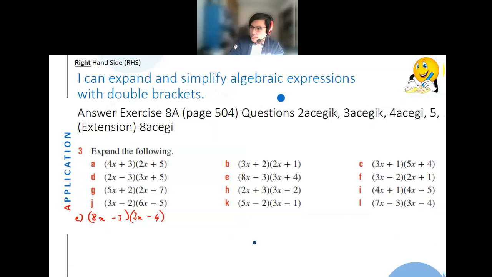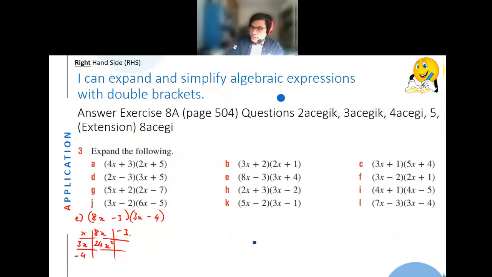All right, so we have 8x minus 3 at the top, 3x minus 4 down the side. Multiply them. 3 times 8 is 24. X times x is x squared.